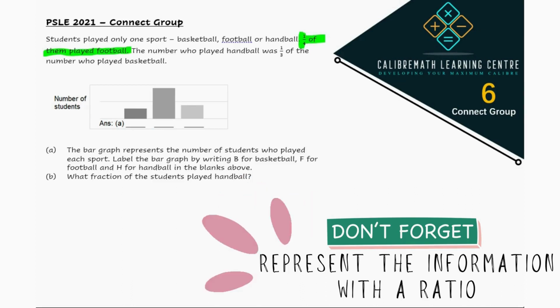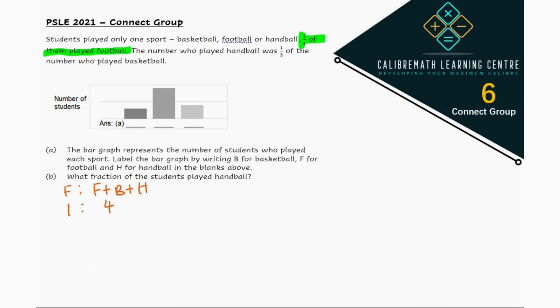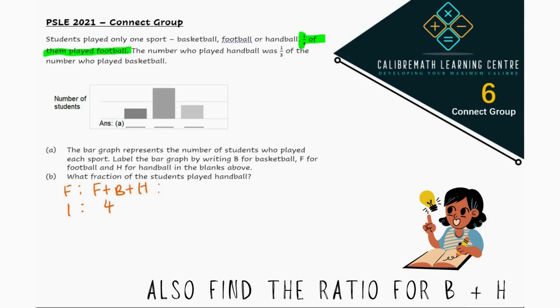So we can represent this in ratio by indicating that 1 unit belongs to those who played football, and 4 units refers to the total, which is represented by football, basketball, and handball. Now, since the total is 4 units, we can also find out extra information from this ratio by using 4 to take away 1, and that will give us the number of units for those playing basketball and handball, and we get 3.